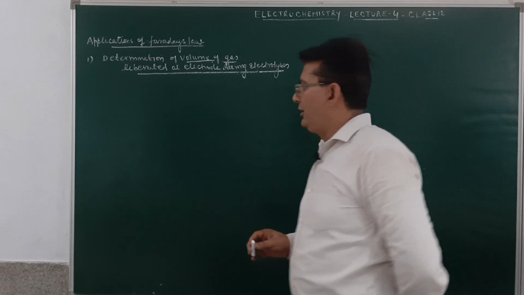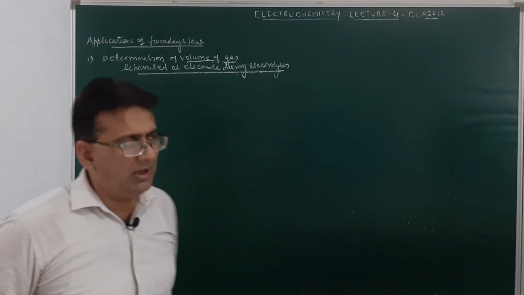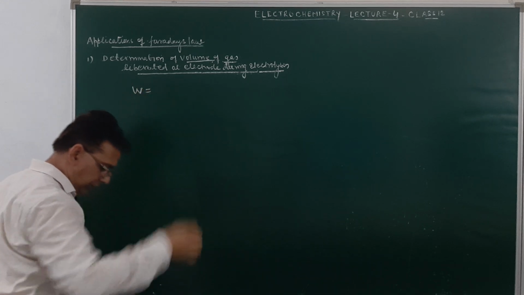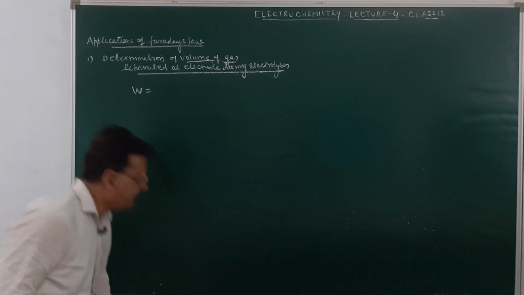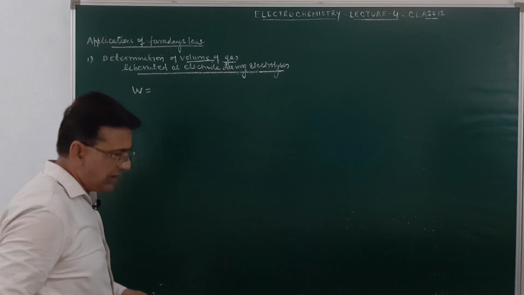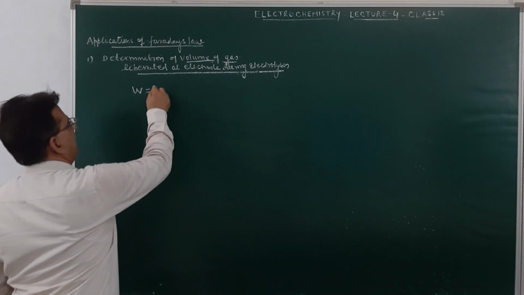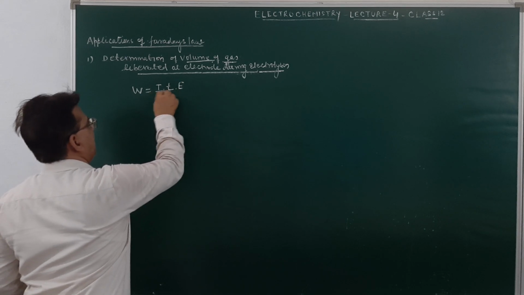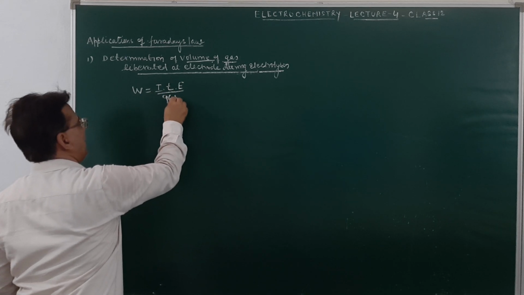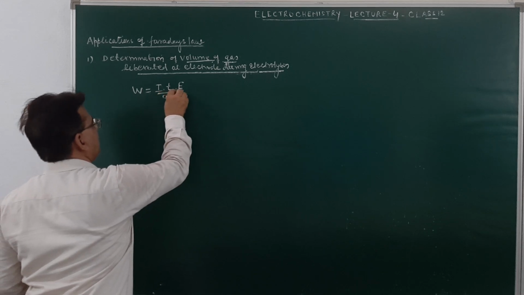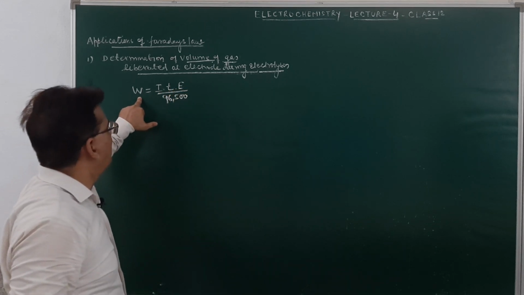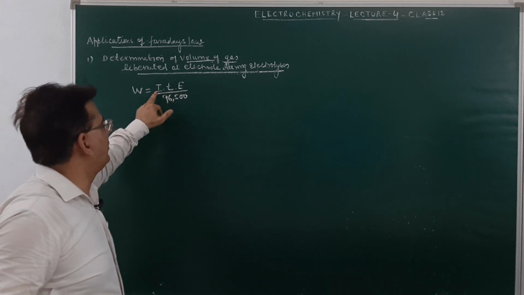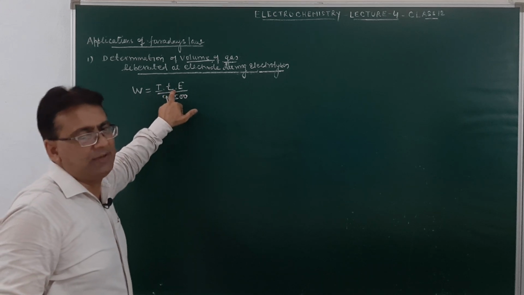Am I clear? If you remember, the formula that we obtained yesterday was W = I × T × E / 96,500 coulomb, where W was the mass of the substance deposited, E was the equivalent mass of the substance, I was the current in ampere, and T is the time taken.